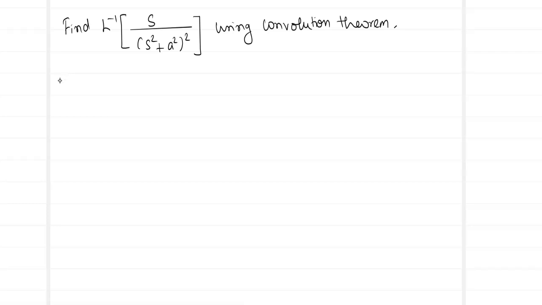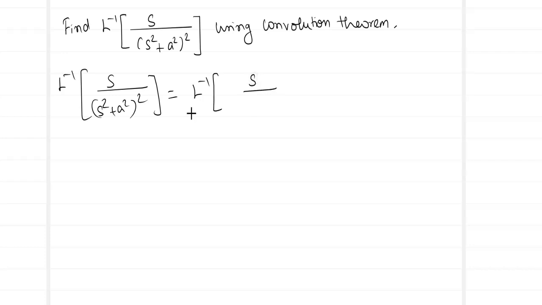Now, this function, Laplace inverse of s by (s square plus a square) the whole square, can be written as Laplace inverse of s divided by, here you have a whole square, let me split it as s square plus a square, product 1 divided by the second factor s square plus a square. Now, what do we know from the convolution theorem's corollary?